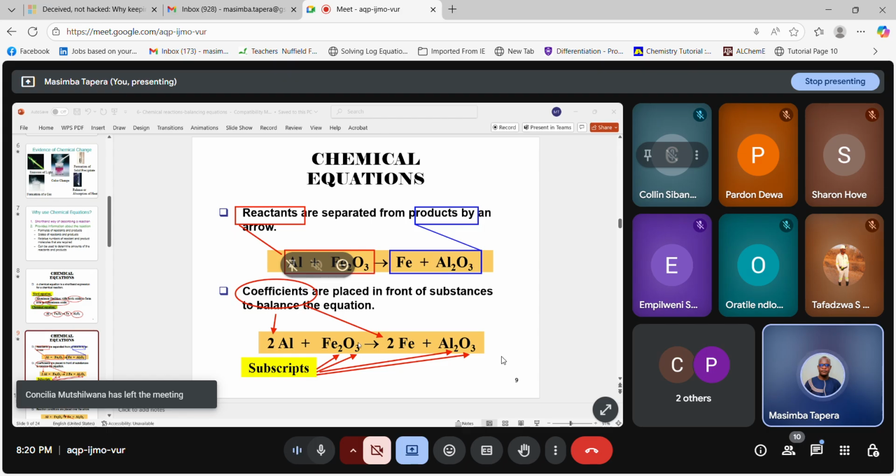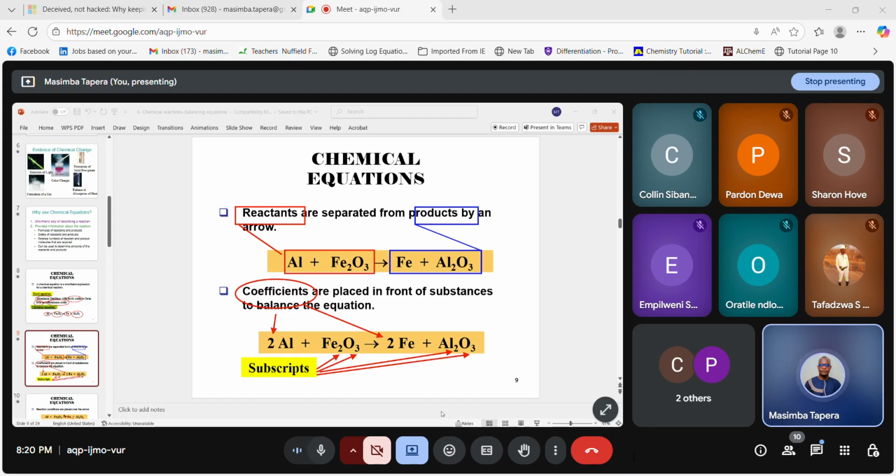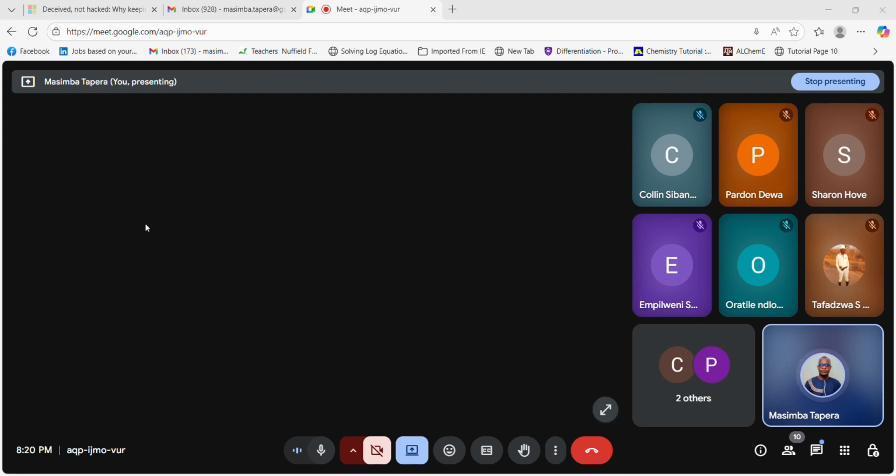And we can also put some coefficients. That is now the aspect of balancing the equation. Coefficients are also placed in front of the substances basically to balance them, and the subscripts that you are seeing there are actually part of the formulas of those compounds. They should be there. Then if you look closely, there is some more other information that we can put on the equation.